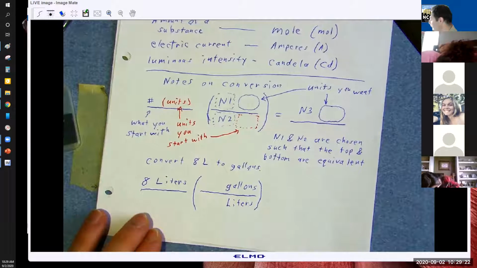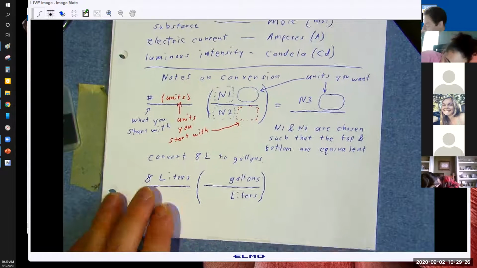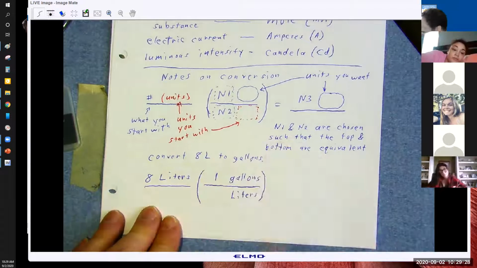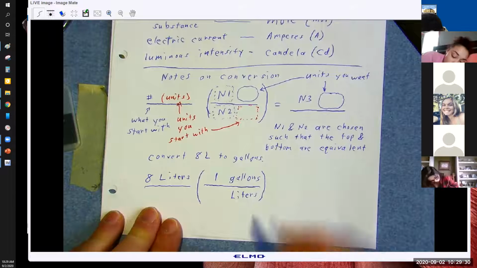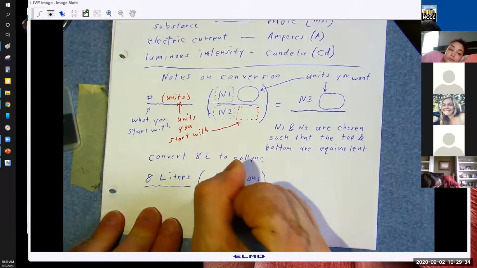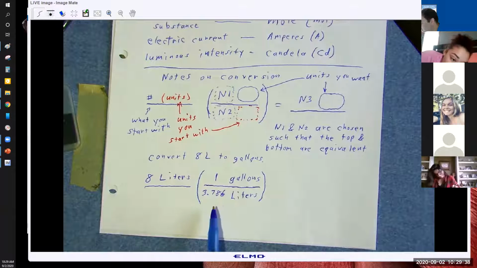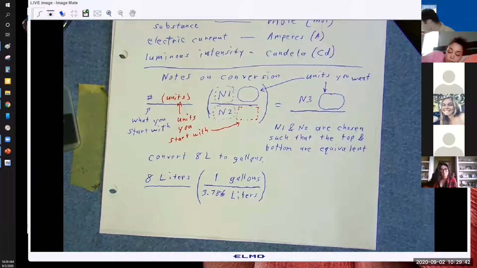So you go to some conversion table and you look this up and you see, oh, 1 gallon is equivalent to 3.786 liters. So that's how many liters are in 1 gallon. And this is your ratio.